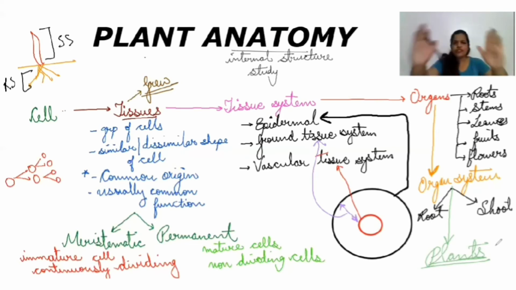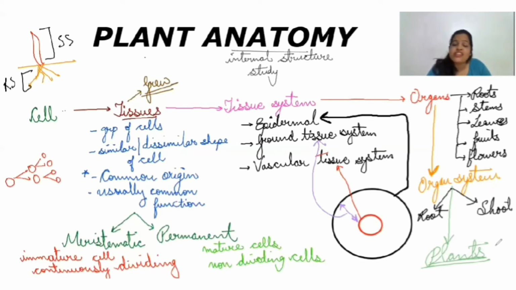So guys, here on the screen, you have what you have to study in this chapter completely. And we will discuss these topics in my upcoming videos. Today we'll talk about the meristematic tissue, the first part of this chapter. Then we'll talk about the permanent tissues. Then we'll talk about the tissue systems.